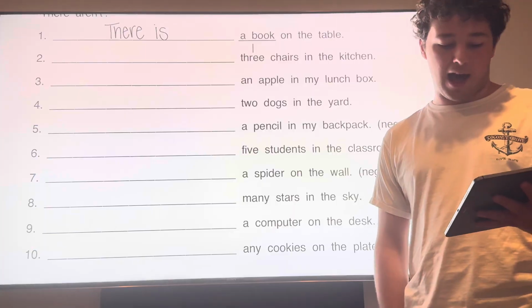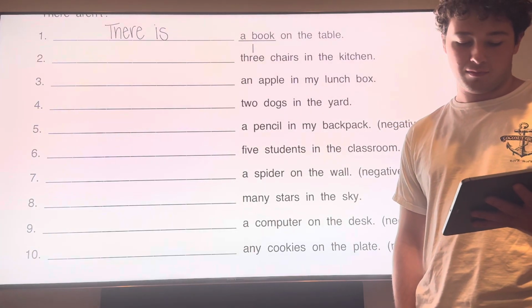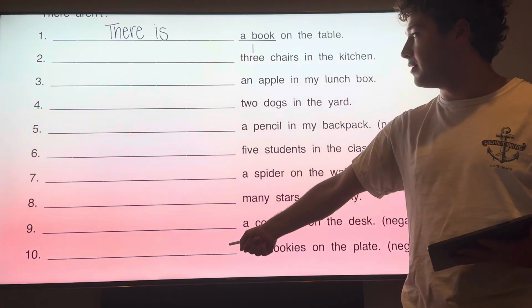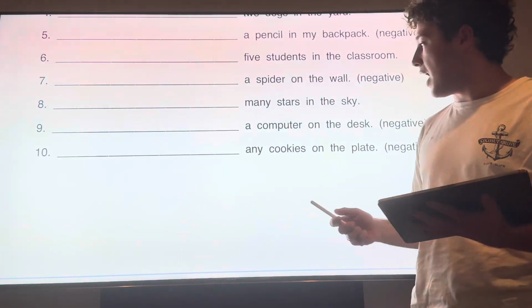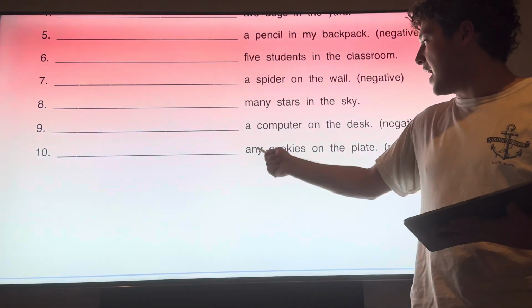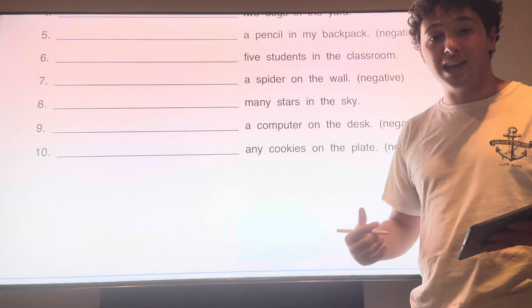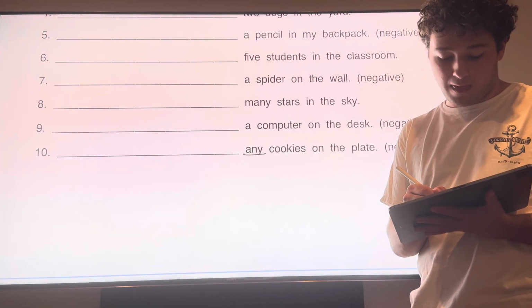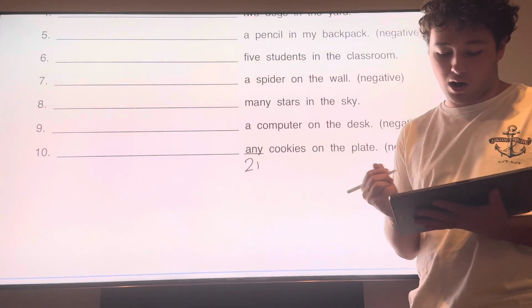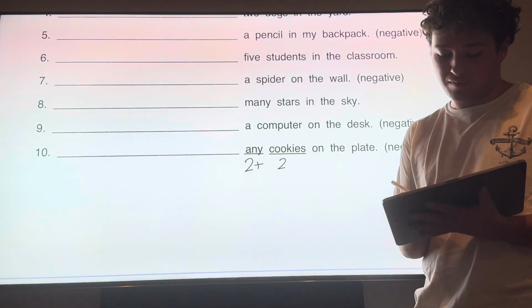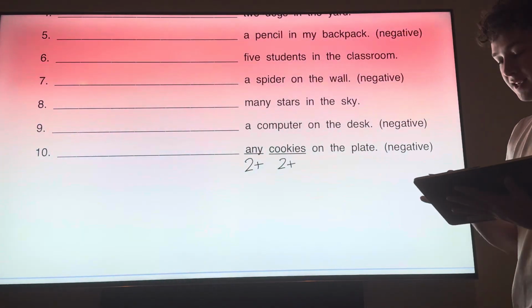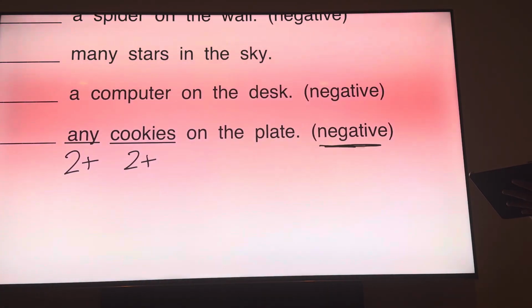Let's look at number 10. We'll look at the last one. Number 10 is any cookies. Any cookies. Now, any is more than one. Any is two or more. And cookies is also plural. Also note that it says negative over here.